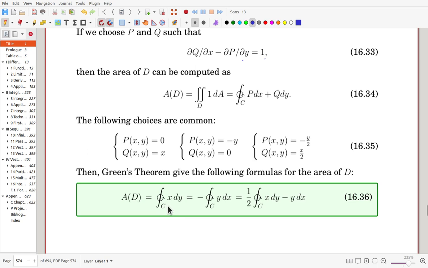And once we make the average, that is exactly the choice where P is half of minus y, and Q is half of x. So basically, these two are averaged to get this example. But this one is the most popular. Okay, we'll focus on this formula. The area of the region is the same as the closed curve integral of x dy.